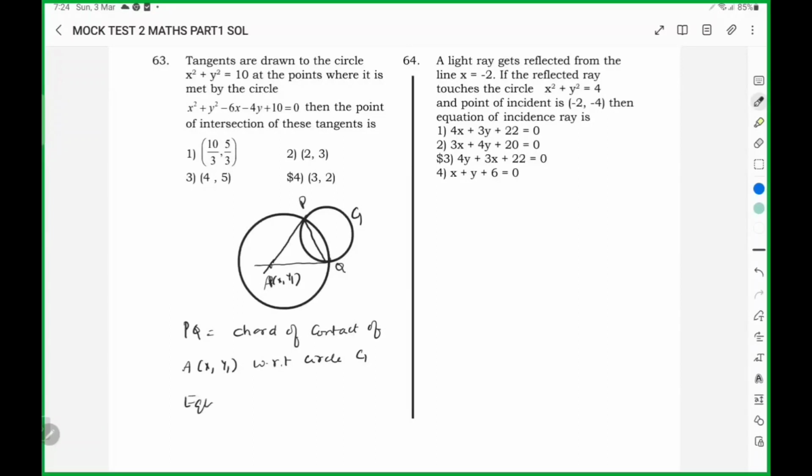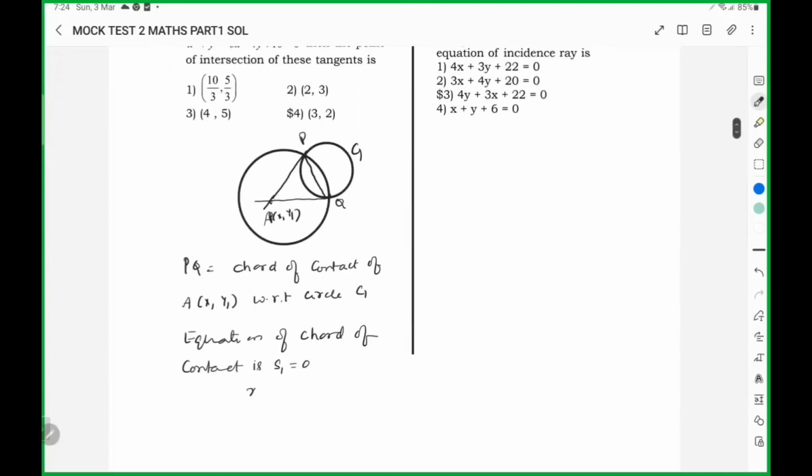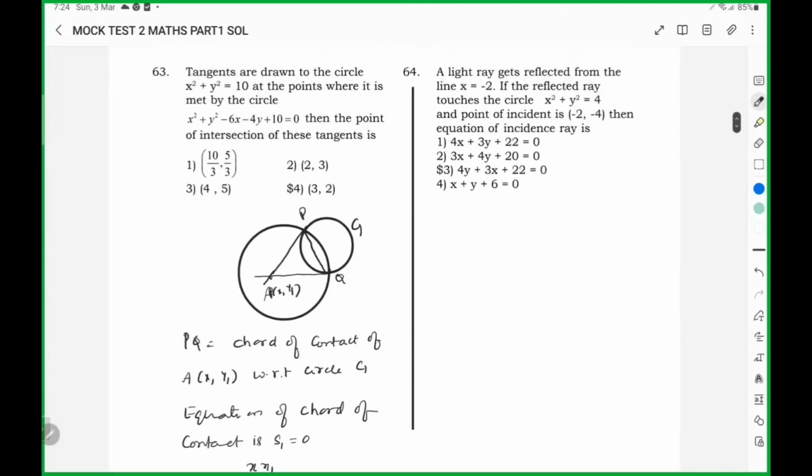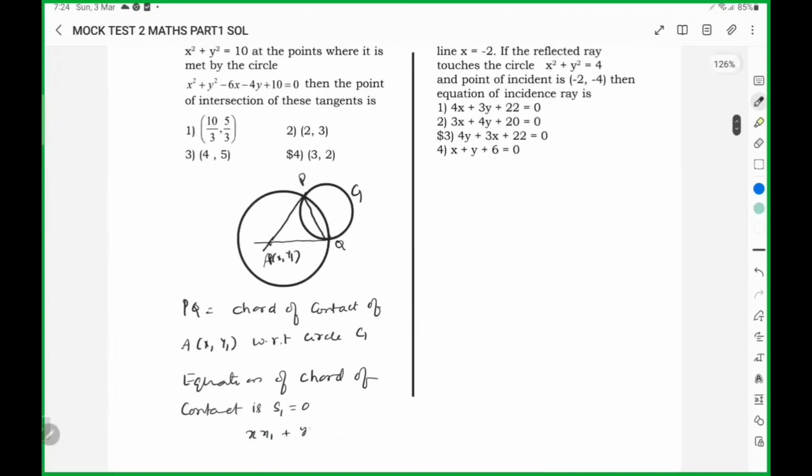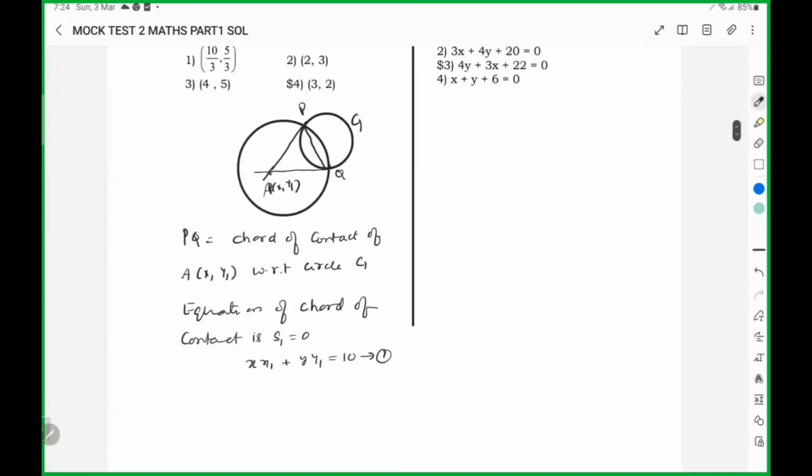So the equation of the chord of contact is S1 equal to 0. That is xx1 plus yy1 is equal to 10. And PQ is nothing but the intersection of circle 1 and circle 2.